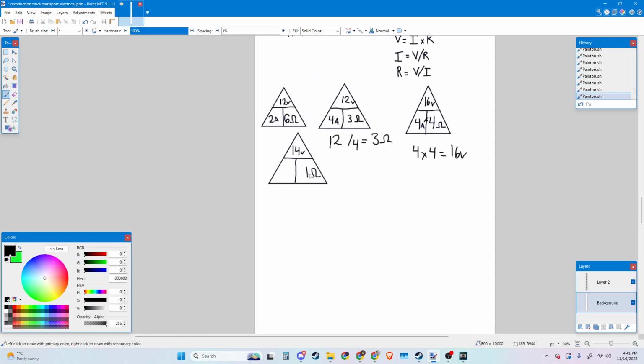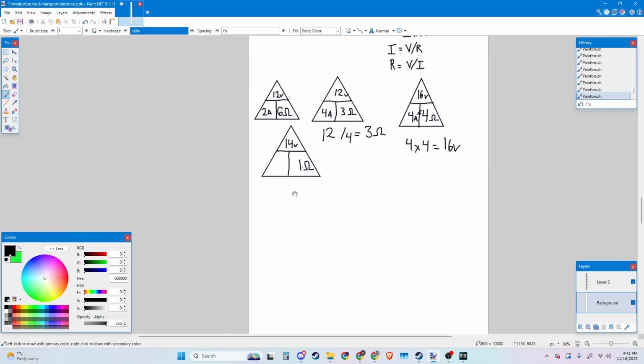Now for this one, it's pretty much the same as this one, just solve for a different value. Solve this one, you'd have 14 volts divided by 1 ohm, give us 14 amps.